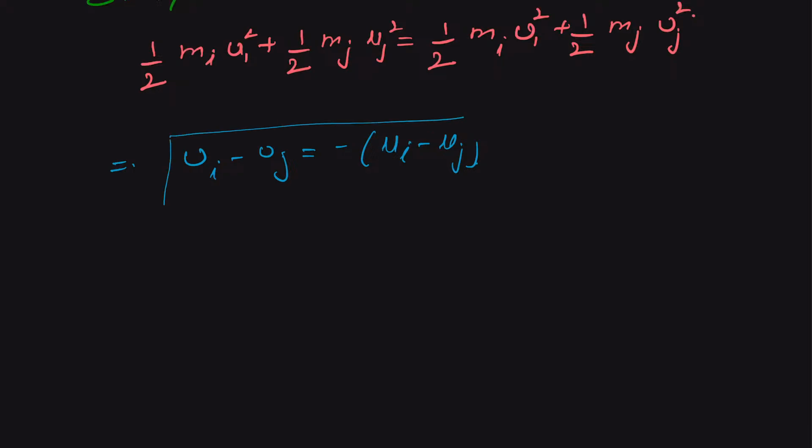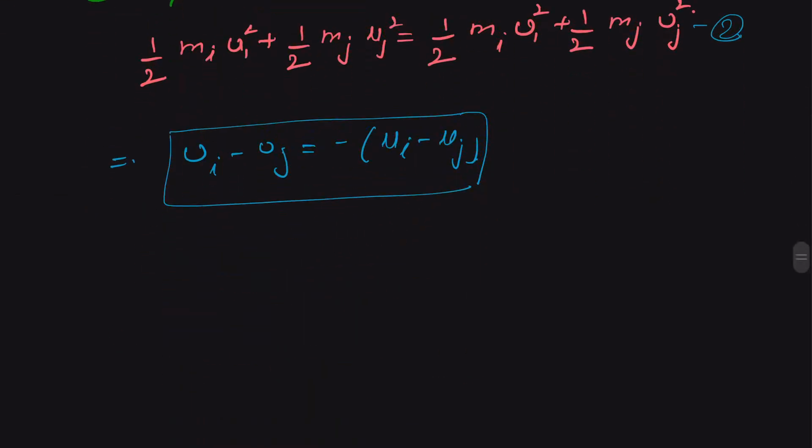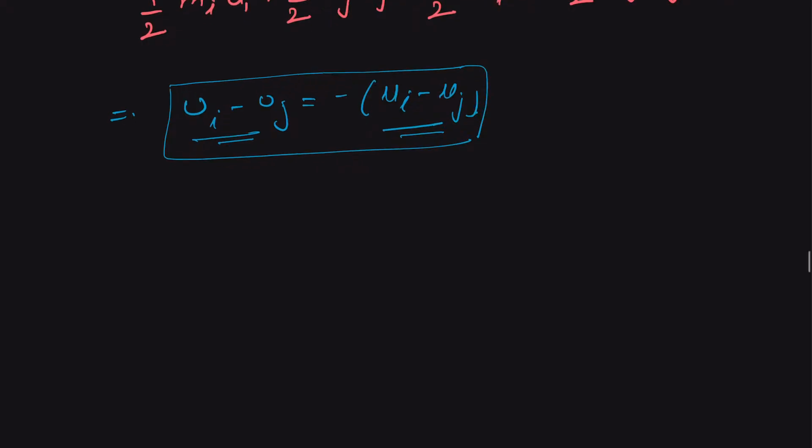This is a standard relationship we get by solving equation number 1 as well as equation number 2. And from here we can say that the relative velocity reverses sign after the collision, because Vi minus Vj is the relative velocity after collision and Ui minus Uj is the relative velocity before collision.